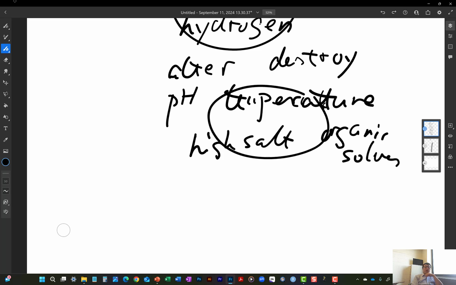All of those can change the bonds, can change the hydrogen bonds, ionic bonds, and then when those bonds change, the protein structure changes.